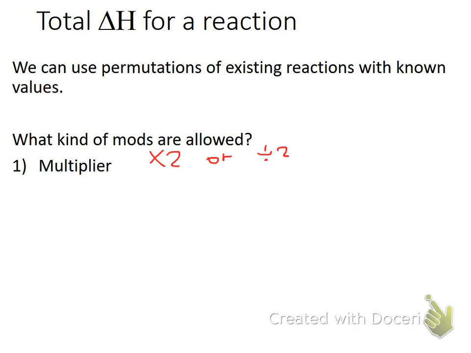It's exactly double. And so when you do a multiplier, the delta H value is also multiplied by the same multiplier. Okay? So if you can upgrade half of an iPhone 6 to half of an iPhone 8, that'd be kind of cool. You would only have to throw in $100 because you're only doing half of the reaction.